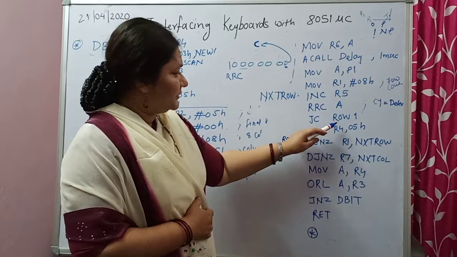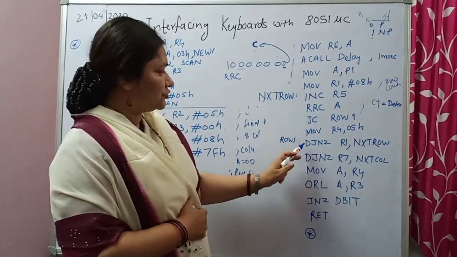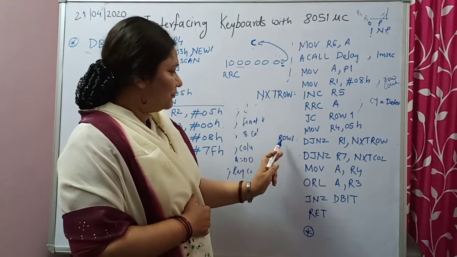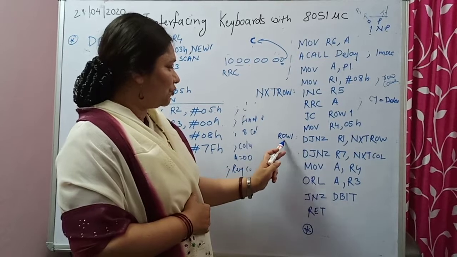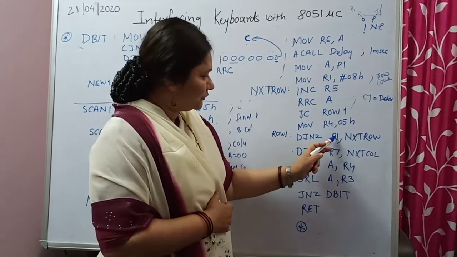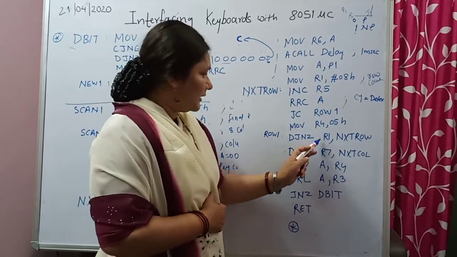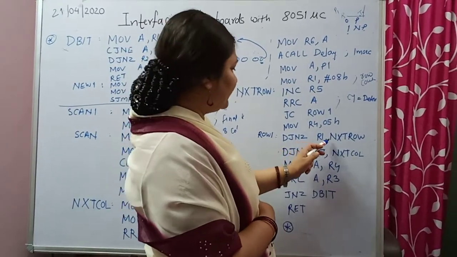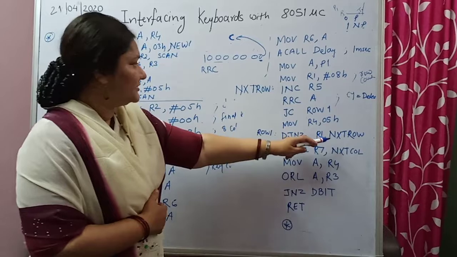When carry is not there, we have to move to the next row. The row 1 routine decrements the row counter, that is R1, by 1, and if it is not 0, it moves to the next row instruction.